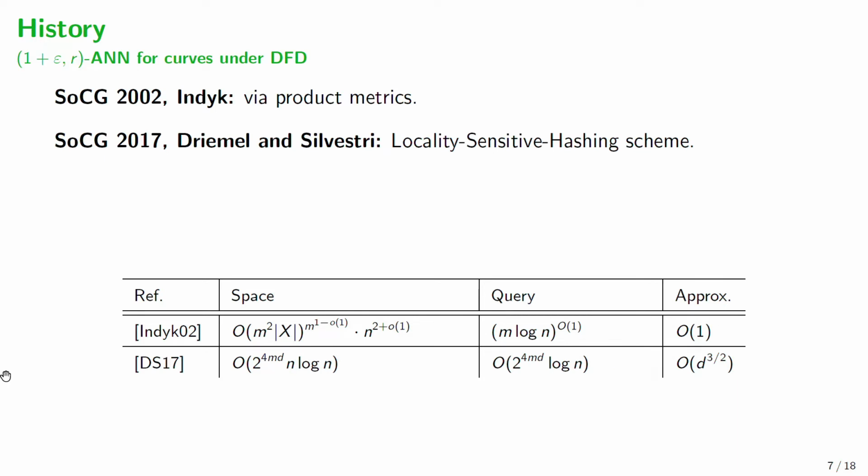Then, only in 2017, Driemel and Silvestri presented a locality-sensitive hashing scheme for curves under the discrete Fréchet distance. They improved the result of Indyk for short curves, but both space and query time are exponential in m, and the approximation factor is polynomial in d.